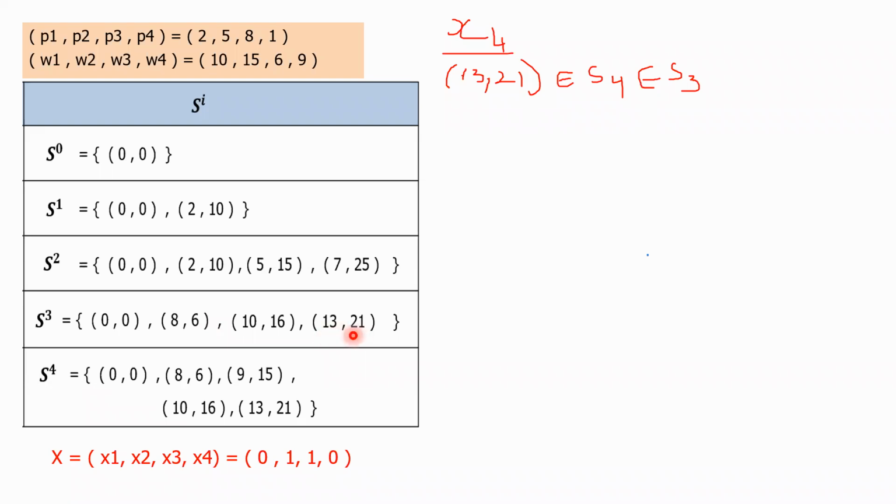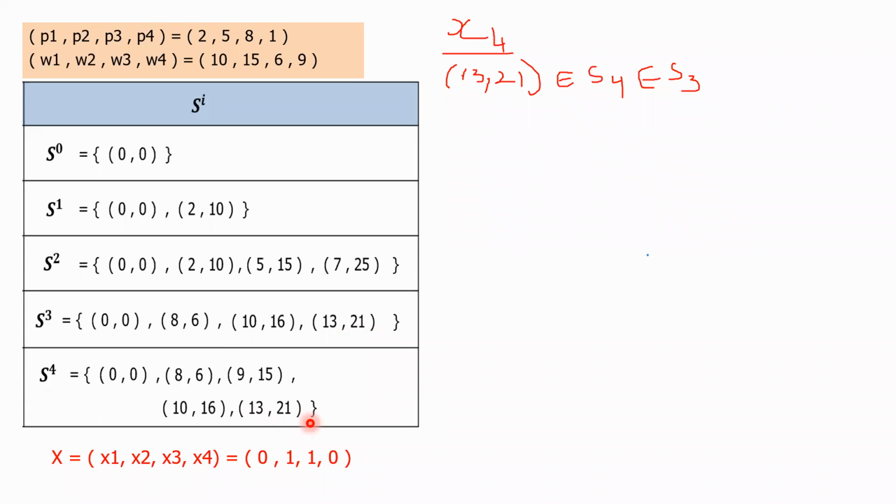This we have got in set 3 itself. From the first 3 objects itself, we have got our optimal solution with the maximum profit and the maximum weight. After including set number 4, there is no difference in the optimal solution. The optimal solution is still 13, 21. That means there will be no difference in the optimal solution by including the fourth object.